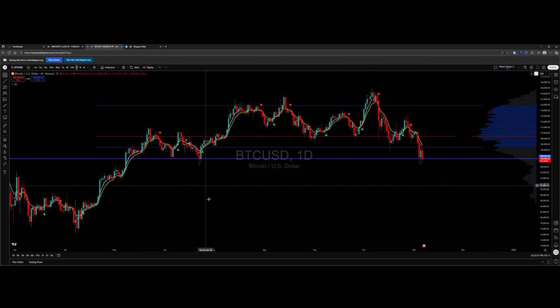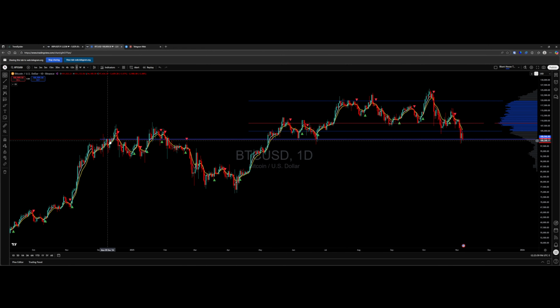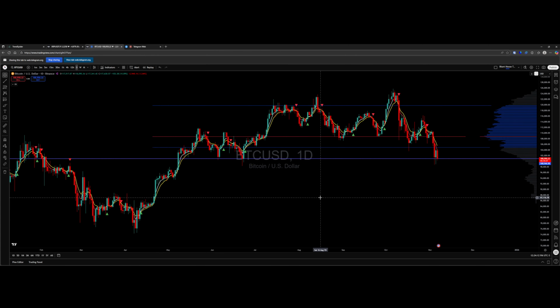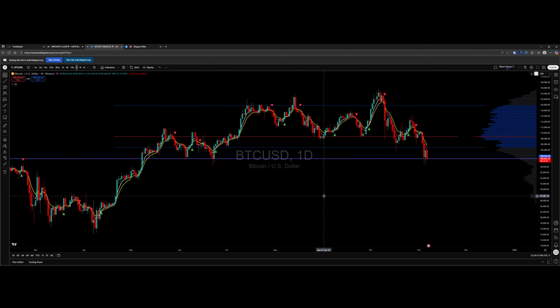And this was just a simple, quick and dirty look at where we could attach tops and bottoms of some previous candles. Paying attention to these levels here, of course, where you have those equal bottoms for some reason, they're always relevant, and yet again, we came back to test those levels.